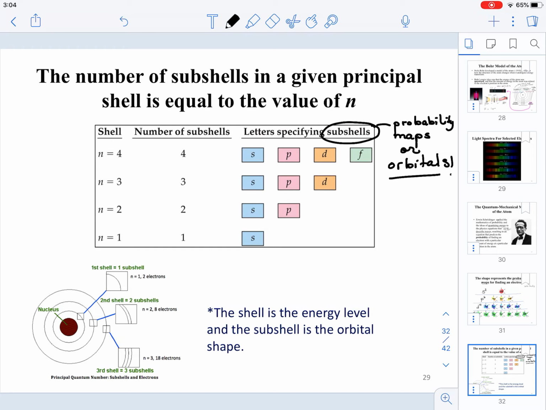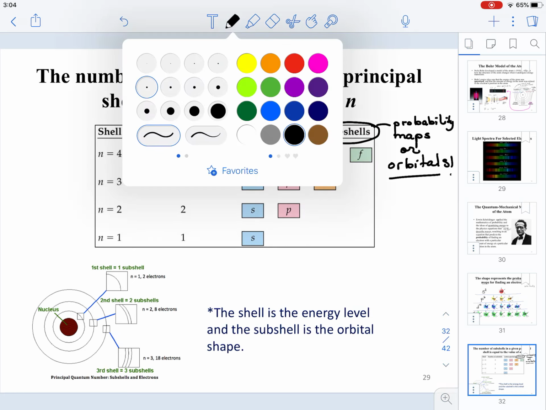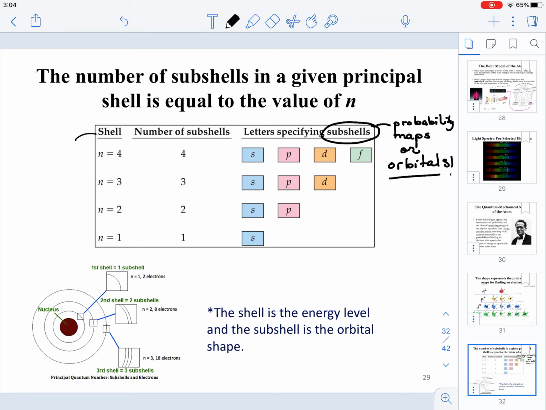Now, remember that these probability maps are going to be in a quantized energy level. That quantized energy level we know as a shell.